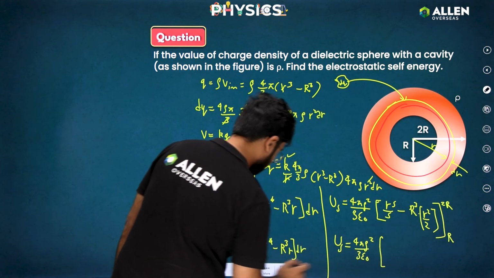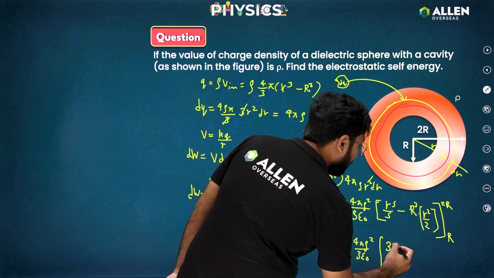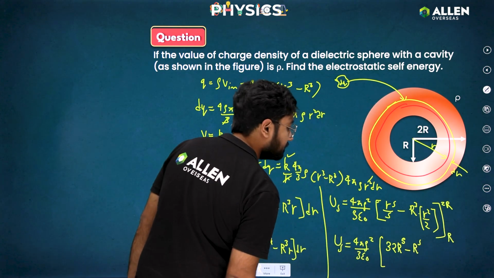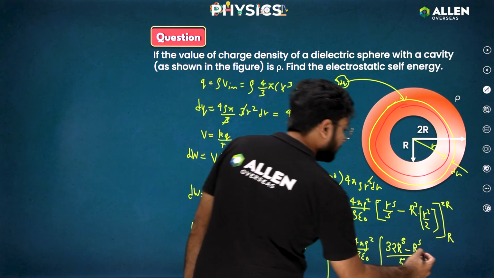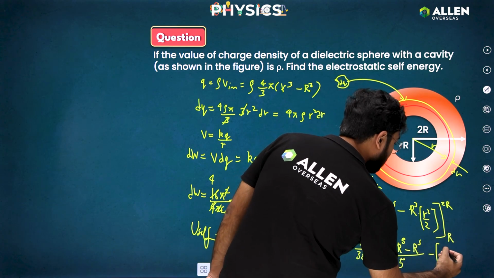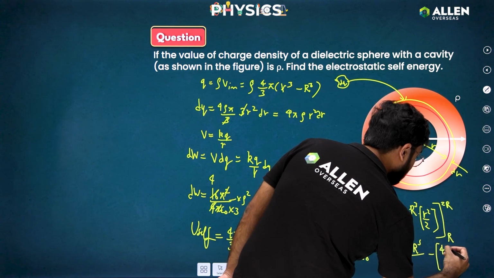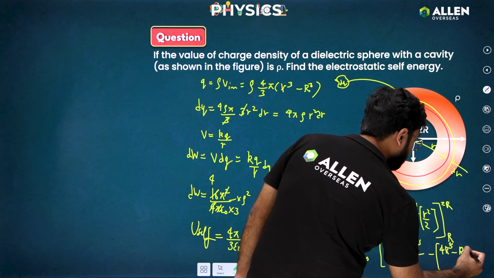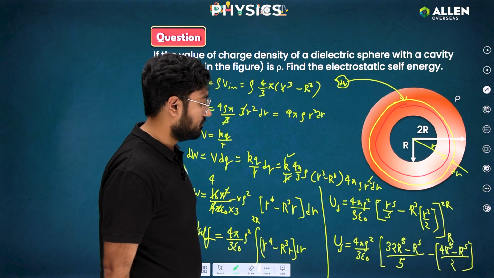So this is 32 r to the power 5 minus r to the power 5 over 5 minus, this is 4 r to the power 5 minus r to the power 5 by 2, right?